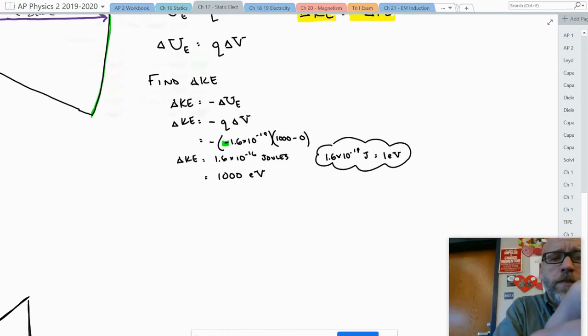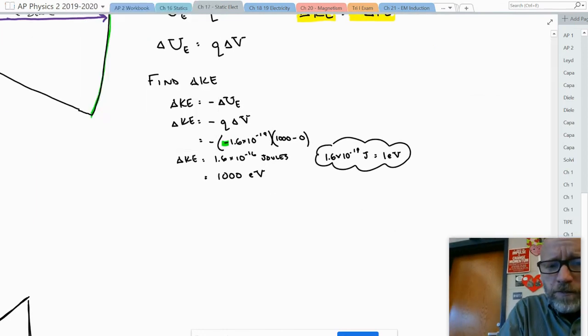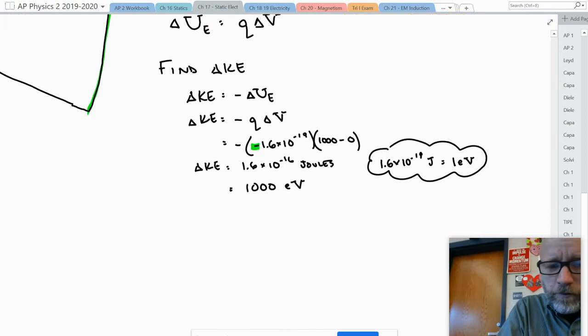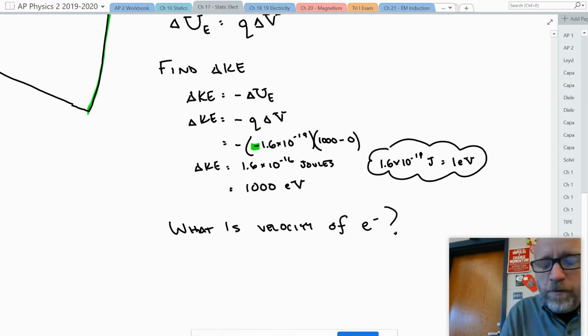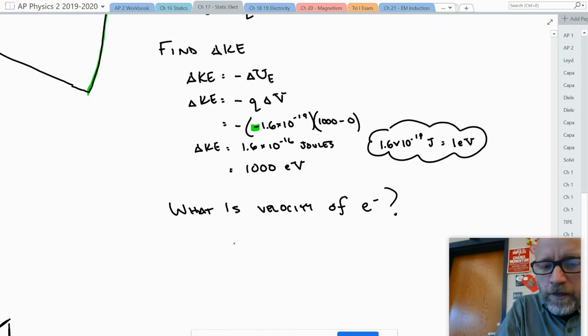And then we'll call it. So what is the velocity of an electron in this case? Good. Some of you guys are already starting. That's awesome. So the change in kinetic energy is going to be 1/2 mv squared.